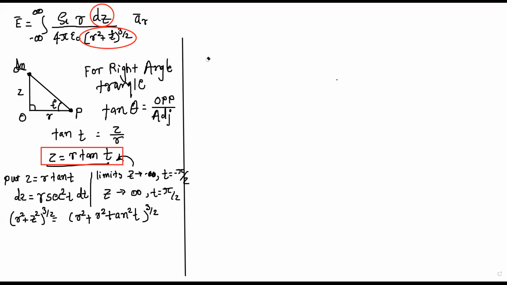Is it clear up to this point? बघा मी काय काय सबस्टिट्यूट करणार आहे, काय काय व्हॅल्यूज आता चेंज करणार आहे. मला लिमिट्स, नवीन लिमिट्स मिळालेले आहेत, dz ची नवीन व्हॅल्यू भेटलेली आहे आणि आता मी ते डिनॉमिनेटर मध्ये जो आहे ही टर्म त्याची नवीन व्हॅल्यू काढायचा प्रयत्न करतो.